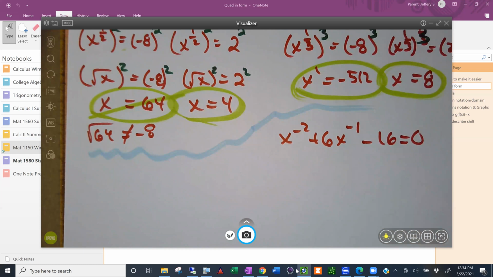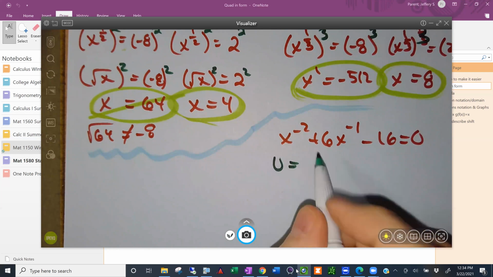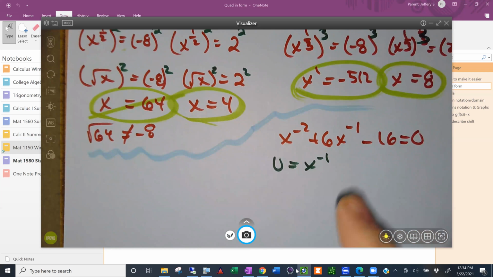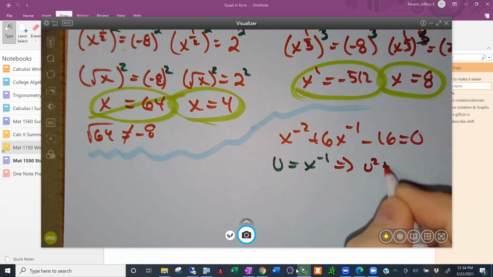What would u equal in this case? x to the negative 1. And that would give me u squared plus 6u minus 16 equals 0.